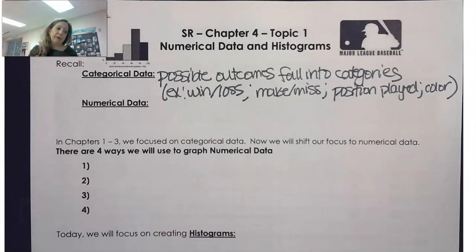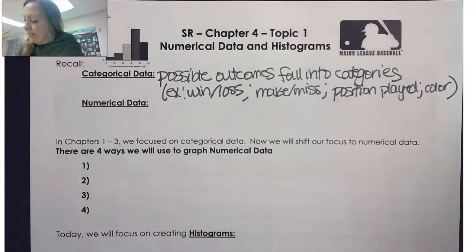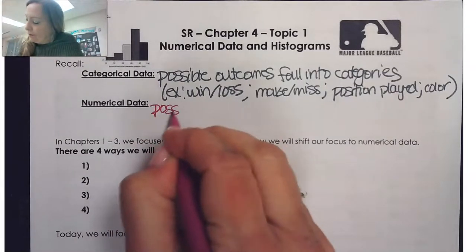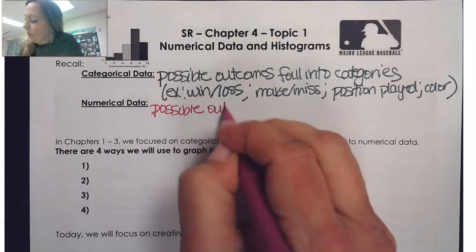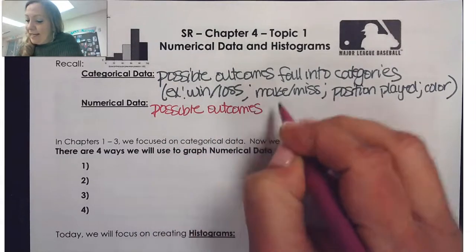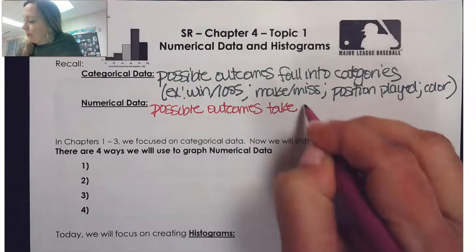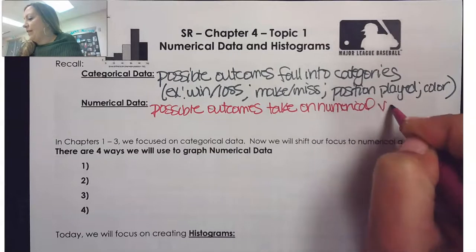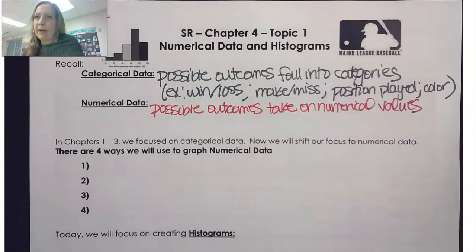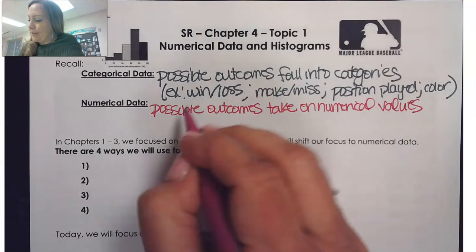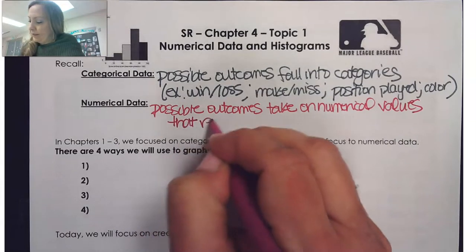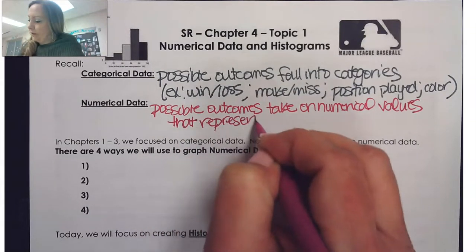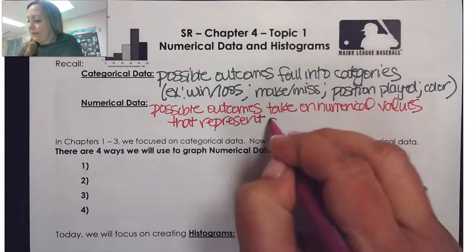But there's also numerical data, and numerical data is something that we discussed earlier but haven't talked a ton about. Numerical data is when our possible outcomes take on numerical values. And we've discussed that it's not just all numbers, but the numerical values have to represent different quantities.